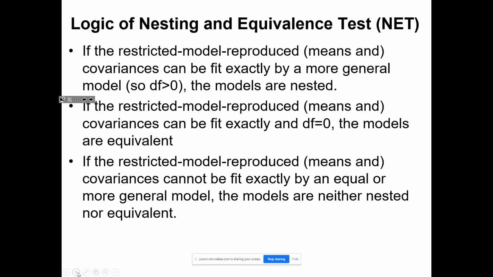So the more constrained model is the one that has more degrees of freedom, higher chi-square, and fewer parameters estimated. Yeah. Okay. And that's the one we want to start with. That's our model 1. And then we're going to compare that to model 2, which is going to have fewer degrees of freedom. It's going to have more estimated parameters, right?